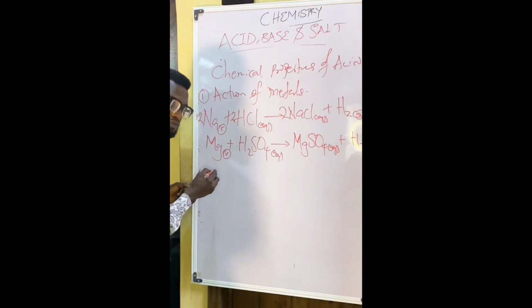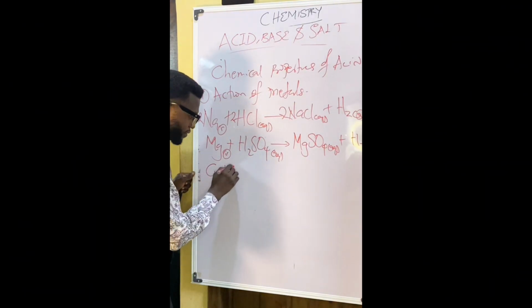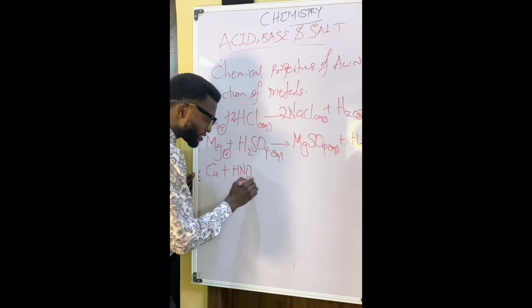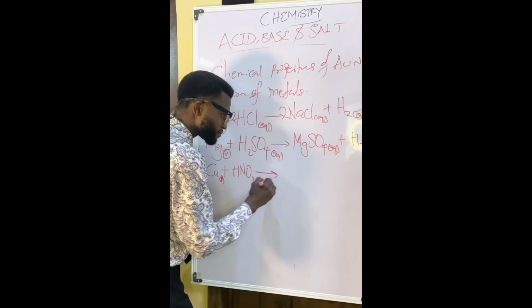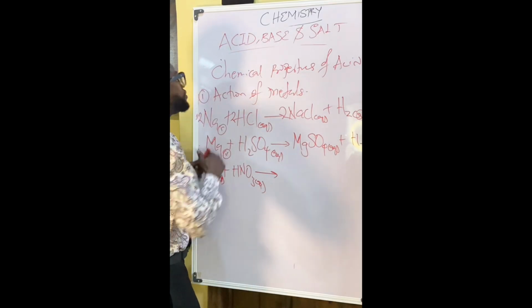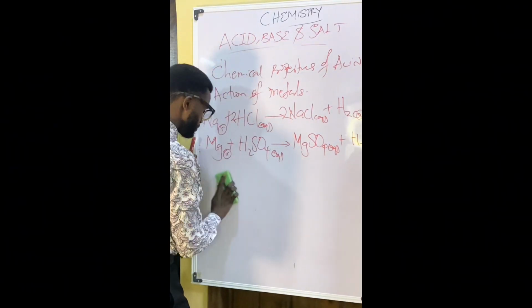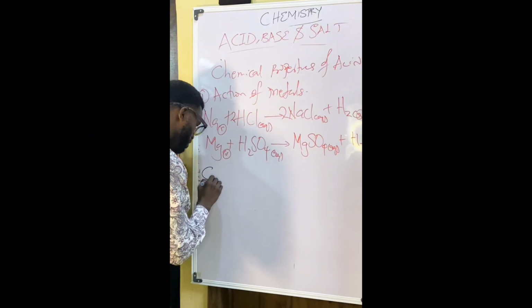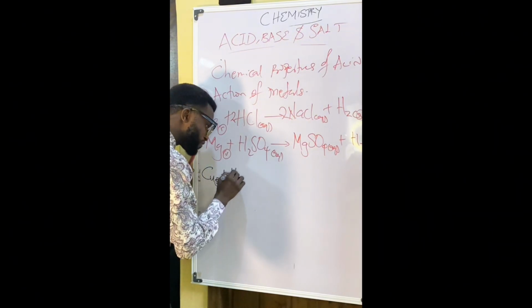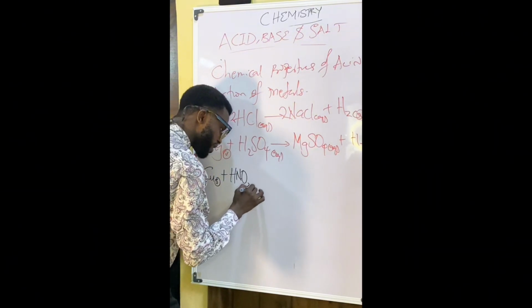For example, copper with trioxonitrate 5 acid, as you can see, do not be tempted. We give you copper with trioxonitrate 5 acid.